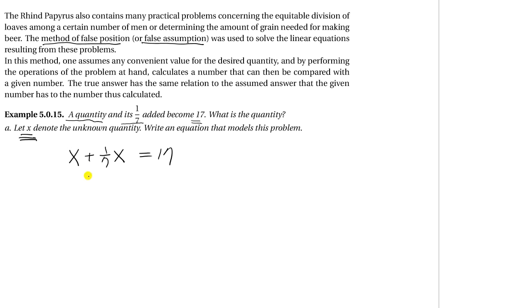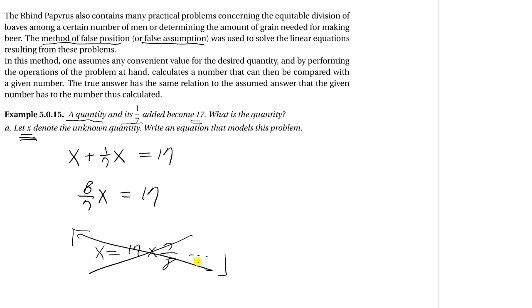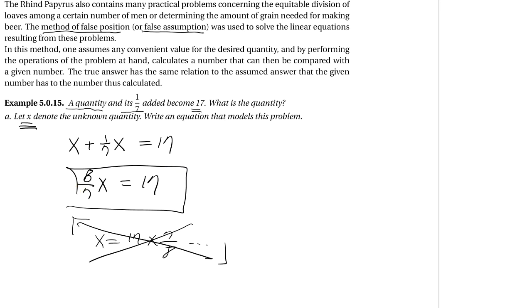Or after we simplify the left hand side, we get 8/7 x equals 17. And of course, in our own method, we can calculate this easily, right? But remember, they didn't have such things. So how can they figure out that answer?